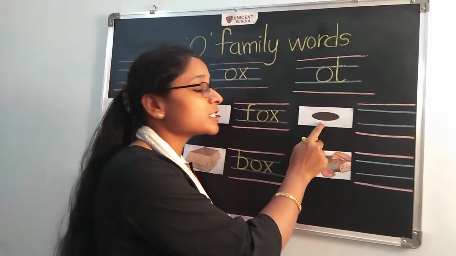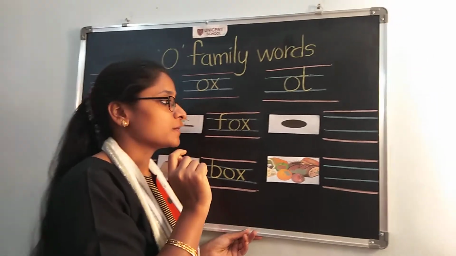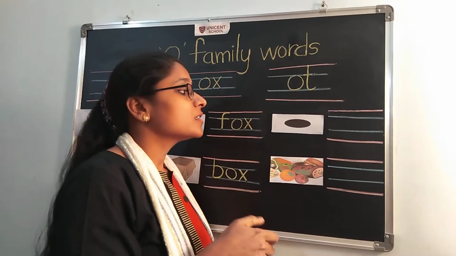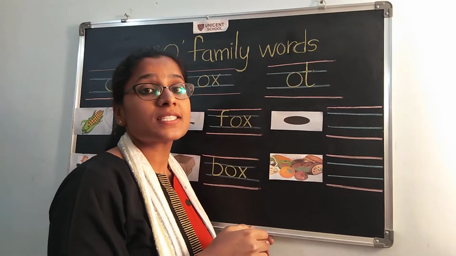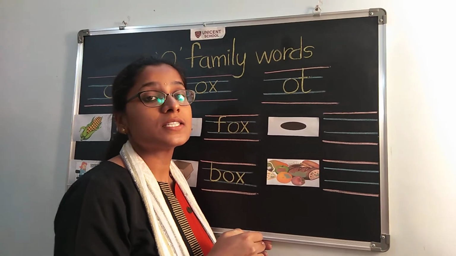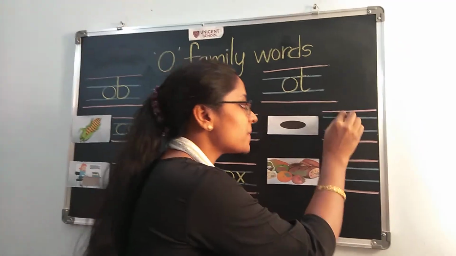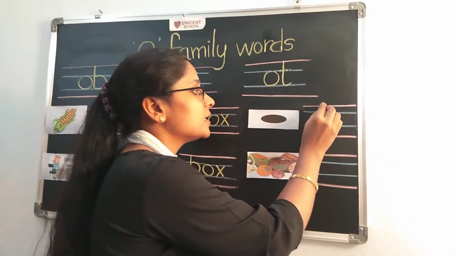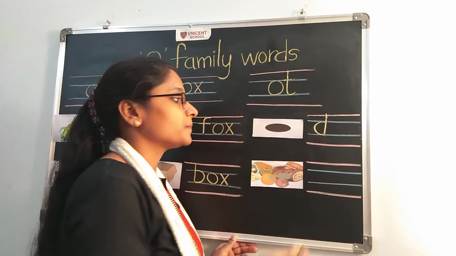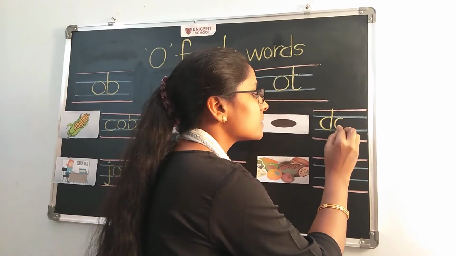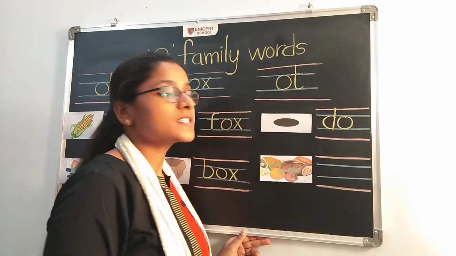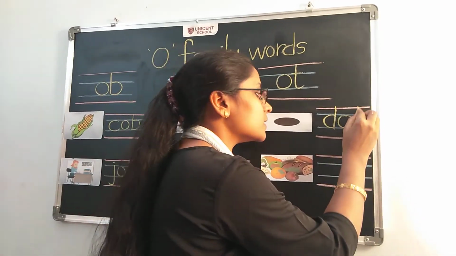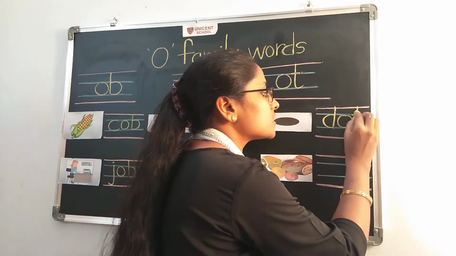The first picture is dot. When you're saying the word dot, what sound is coming at the start? D. D makes the sound D. Next, O makes the sound O. D, O, T. Dot.